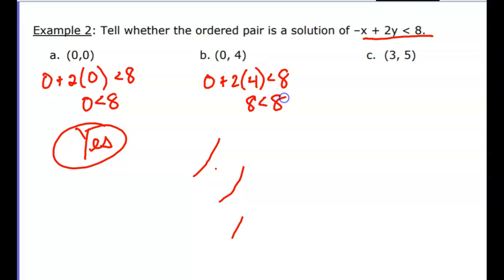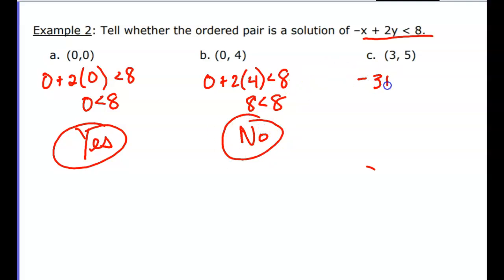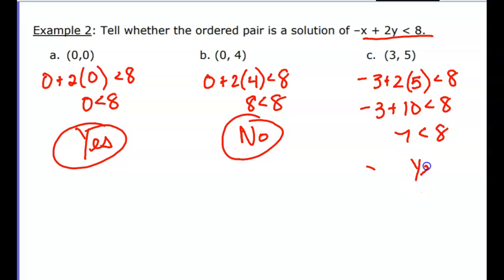Be careful here because 8 is less than or equal to 8, but it is not less than. So this one would be a no. When we do this one, we end up with 7 is less than 8, so that one would be a yes, because that's true.